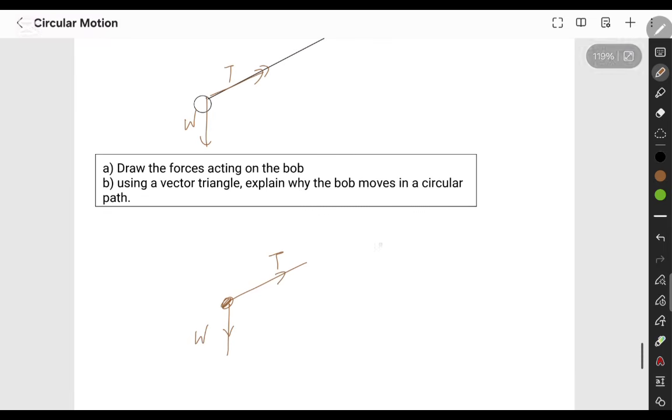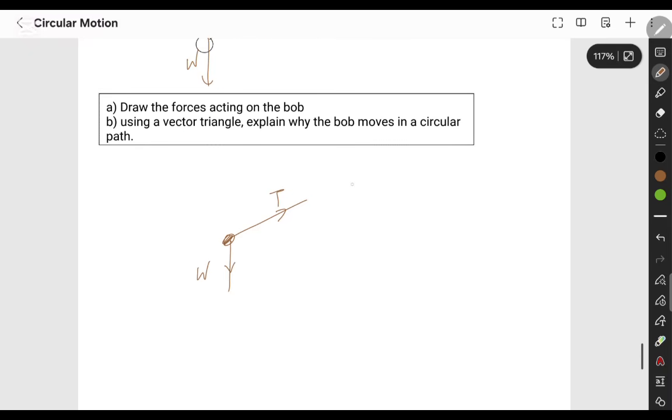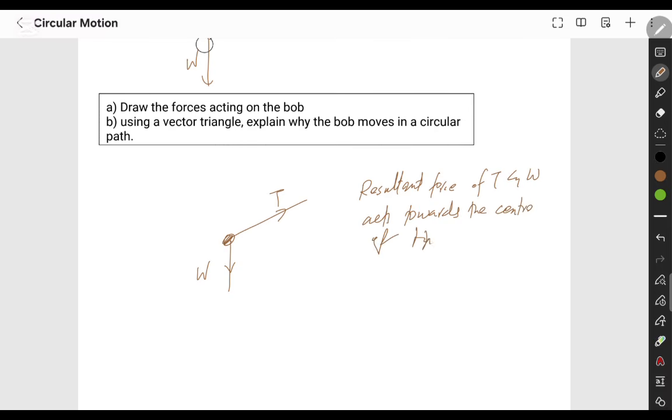Now we can write that the resultant force of tension and weight acts towards the center of the circle. Number one.